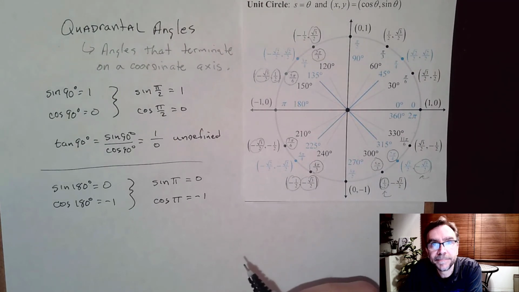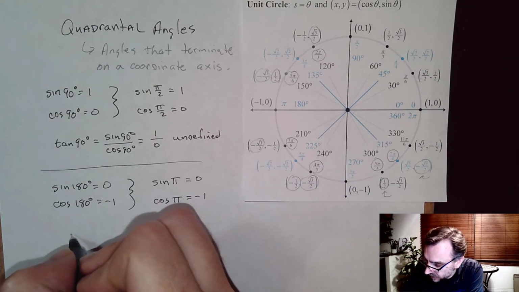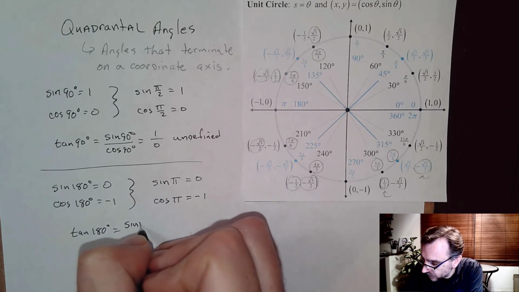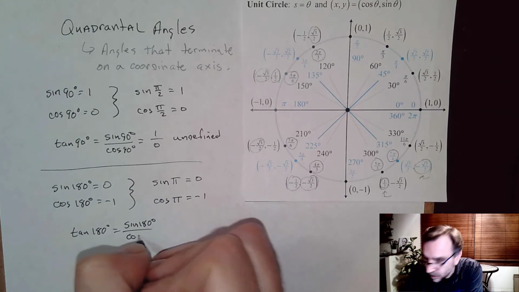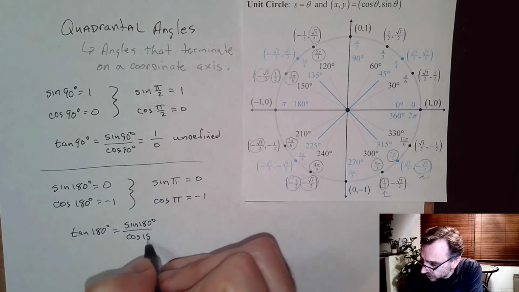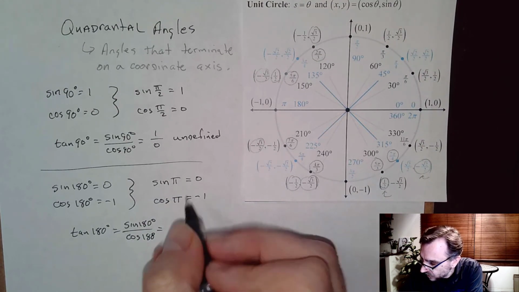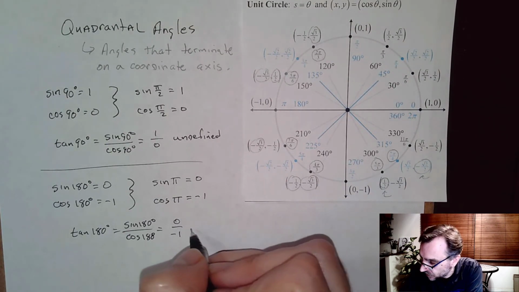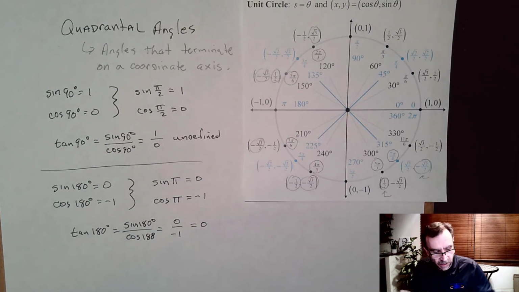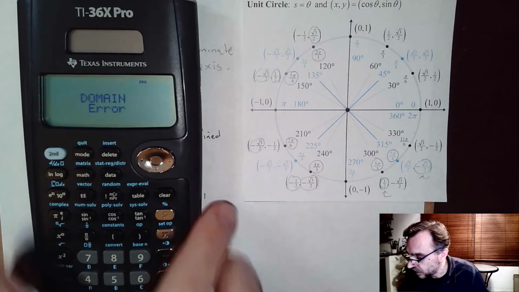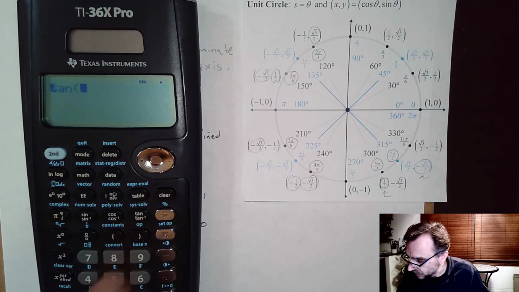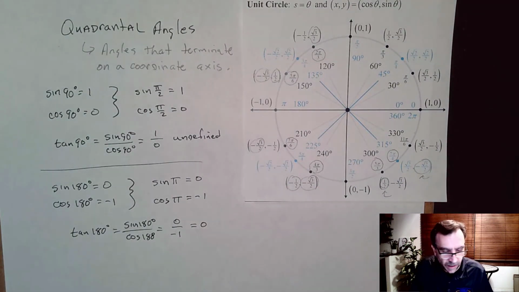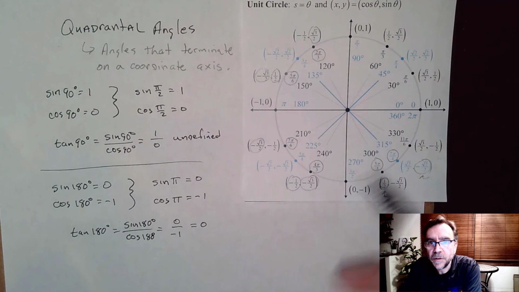Those are equivalent. Now, when I look at tangent of 180 degrees, it equals sine of 180 degrees over cosine of 180 degrees. And so in this case, we get 0 over negative 1, that's just 0. And so tangent of 180 actually is 0. That's defined. Let's see that. Tangent of 180, certainly, we get 0. Perfect.